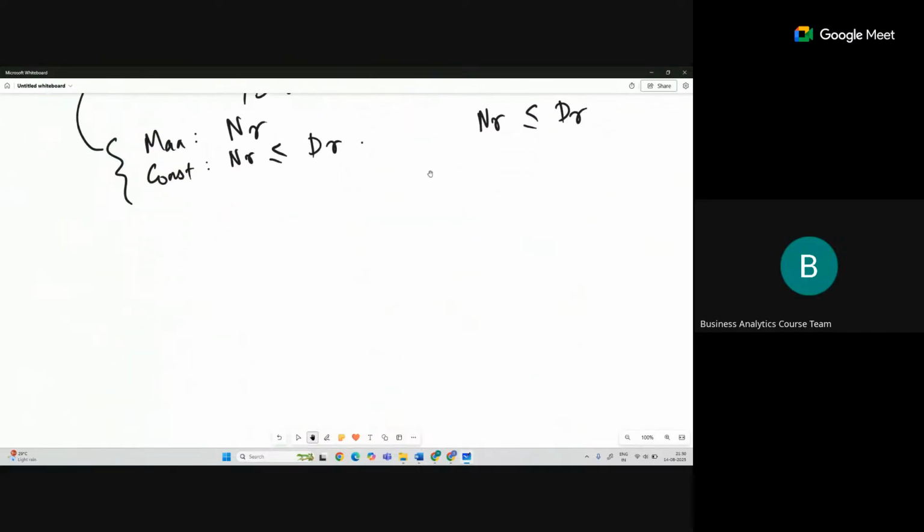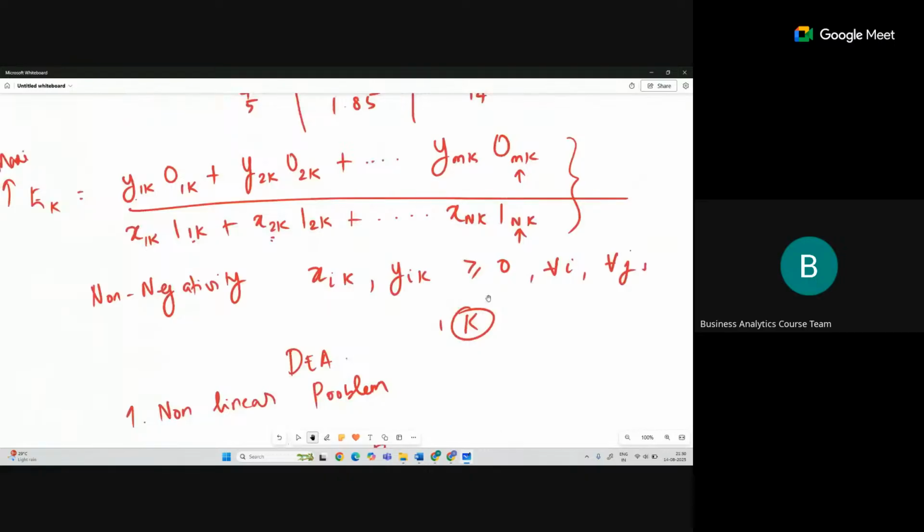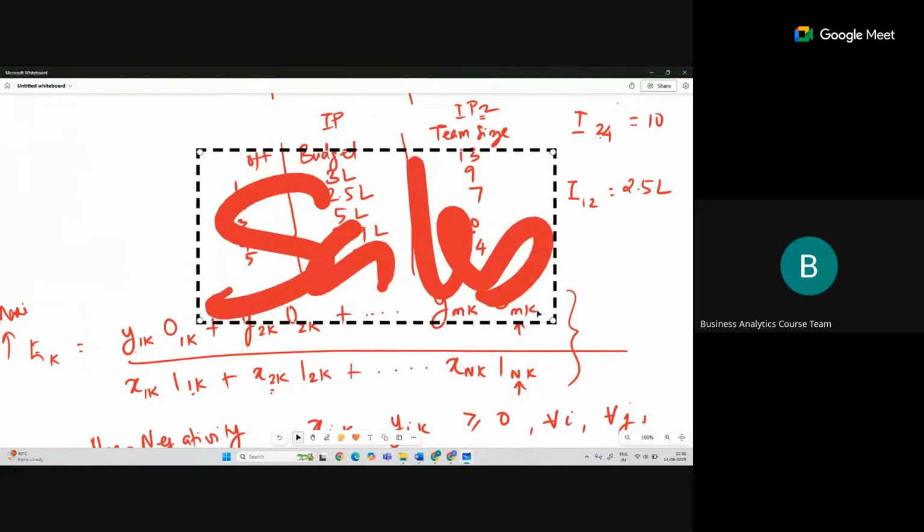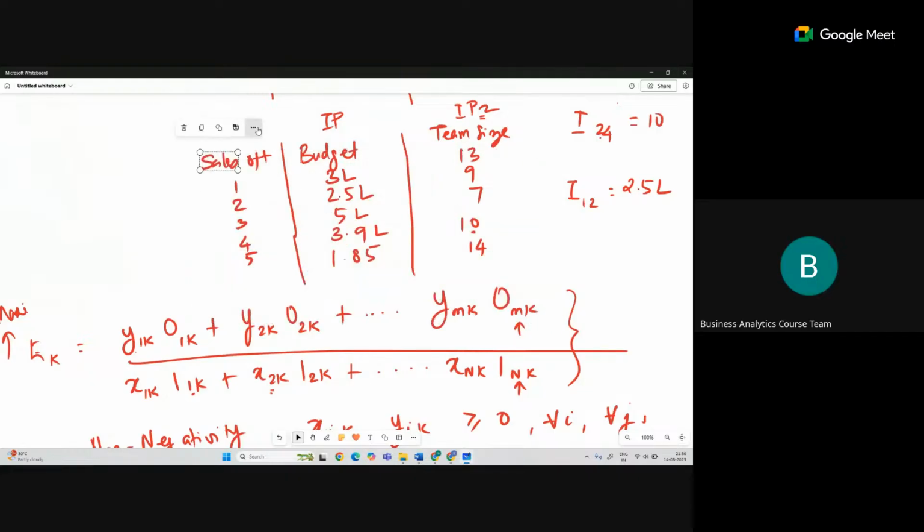Okay, so we will use the same table and try to formulate this. Is it possible to cut something? Duplicate. Yes, I'm able to do it.